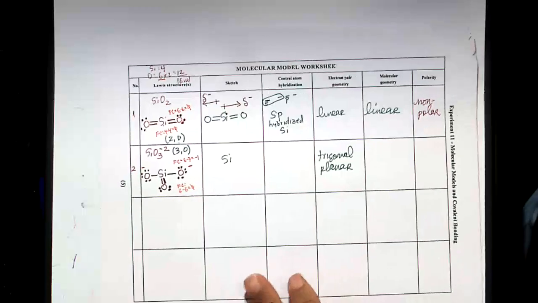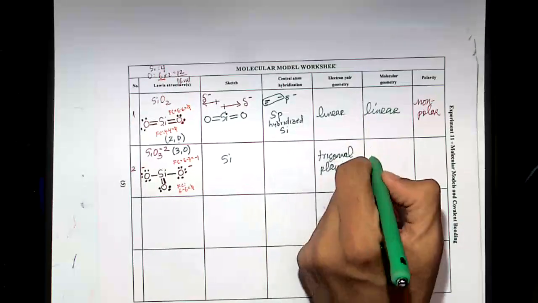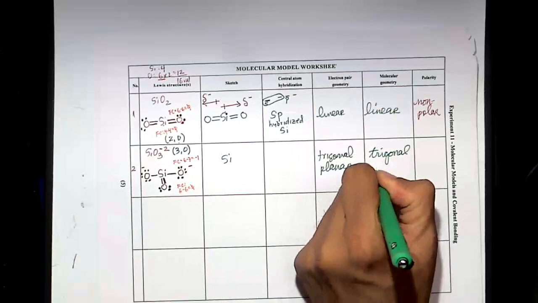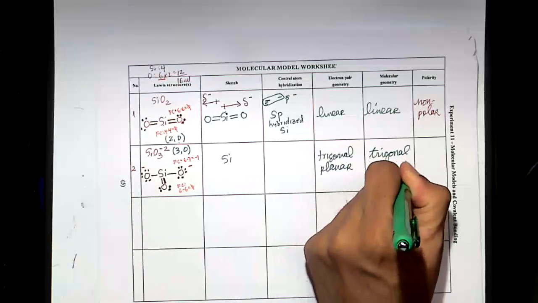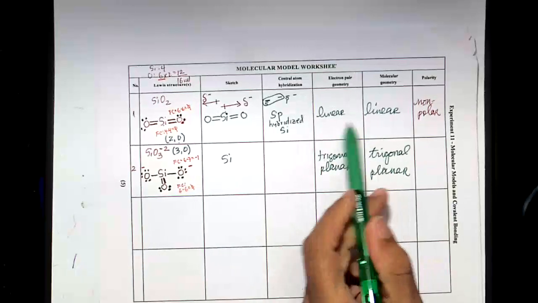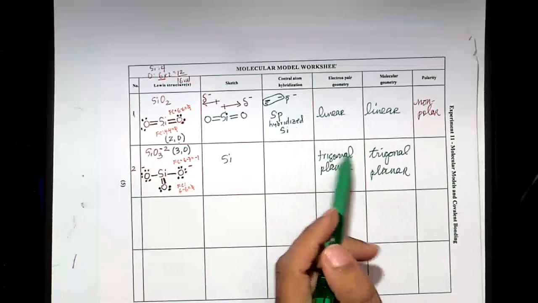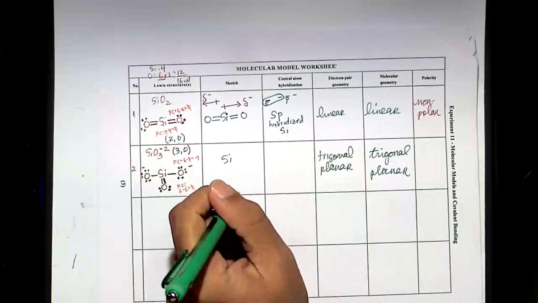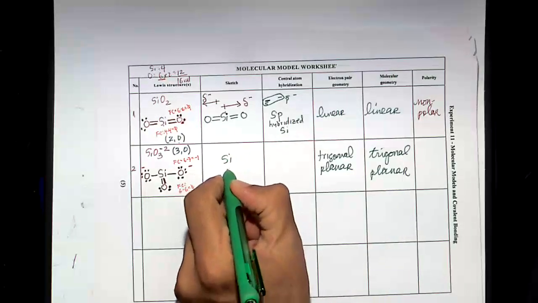It's just like the formaldehyde example. Because there are no lone pairs, these are equal, the same. If there are lone pairs, things will get distorted. So how will we do this?